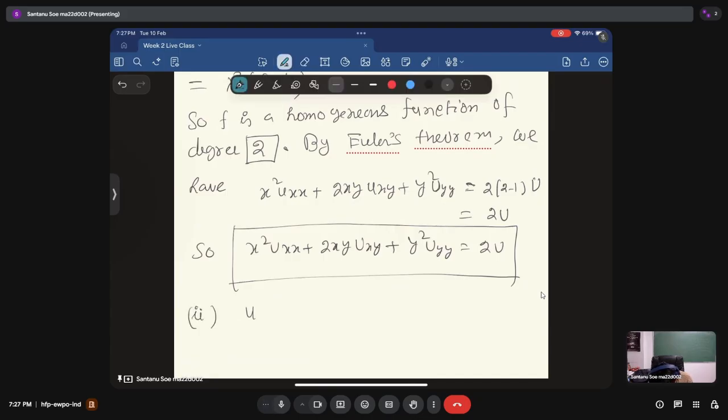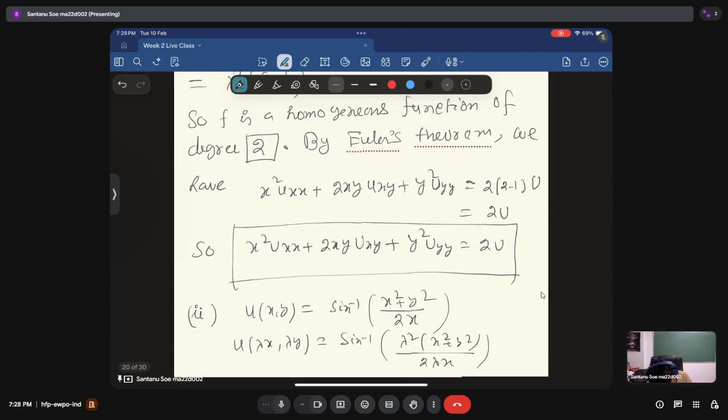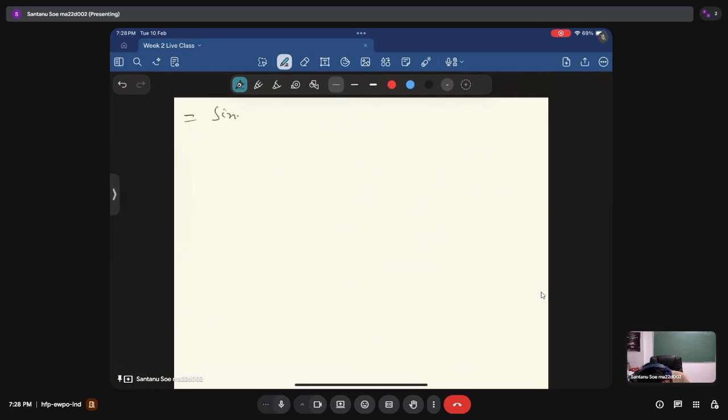Now suppose u is given like this: sine inverse of x square plus y square divided by 2x.